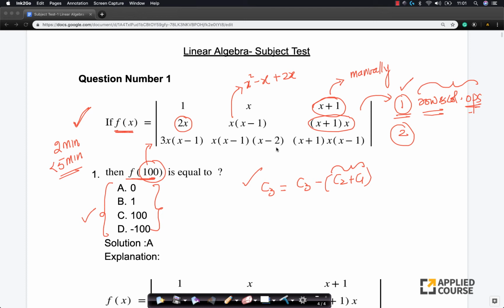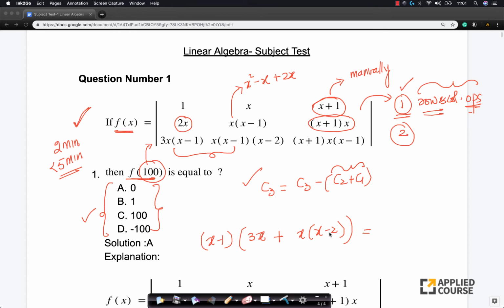Now the third part which is left is this. If you look at this term, you can manually verify very easily. If I take x minus 1 out, because that's common between both of them, I have 3x on one side, plus on the other side, x into x minus 2.